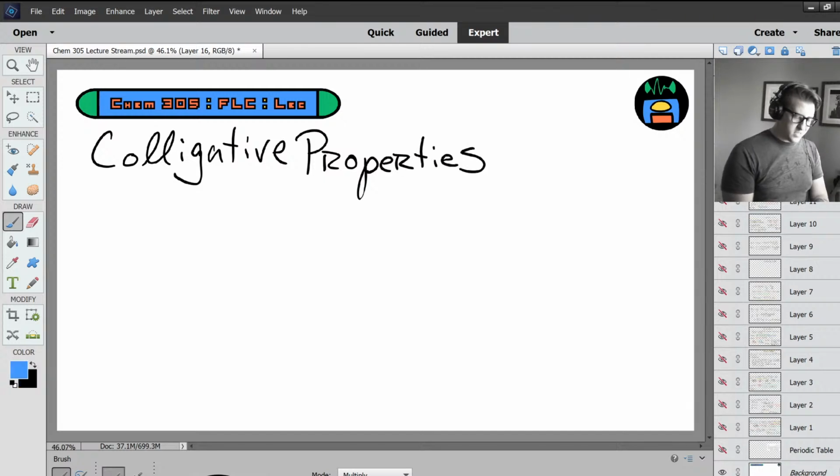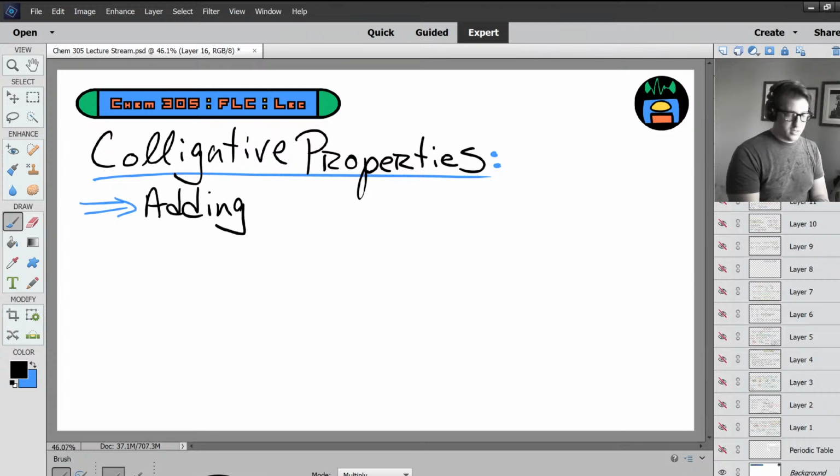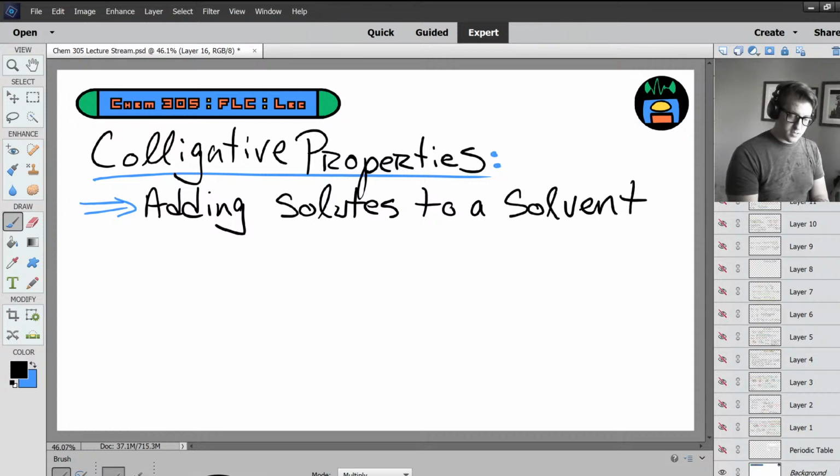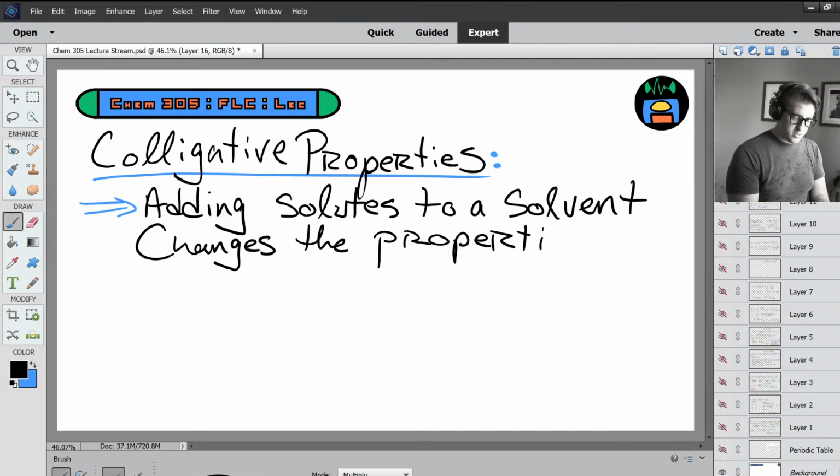The idea behind colligative properties is this: the act of adding solutes to a solvent changes the properties of that solvent.